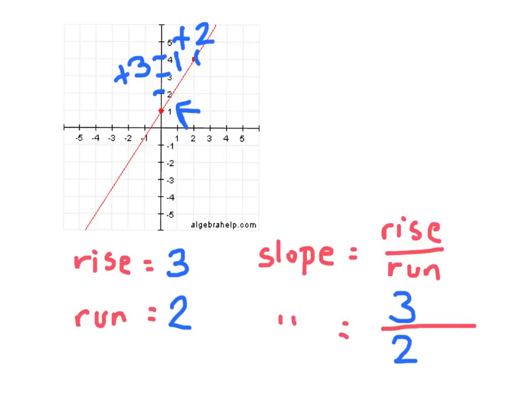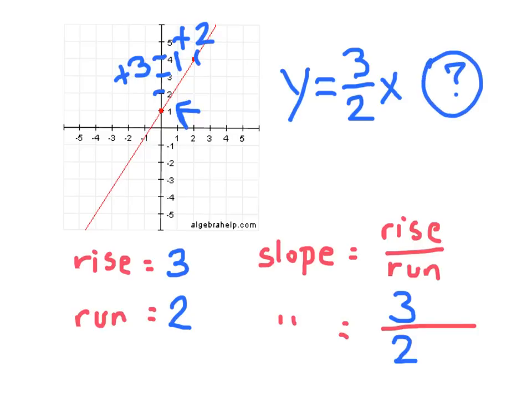As a matter of fact, we could write the rule for this line fairly easily. Let's start by writing y equals. Our growth factor is 3 over 2, right? That's the slope, so that goes in front of x. Then to get this number over here, we simply ask what's the value of y when x is 0, that is, figure 0.